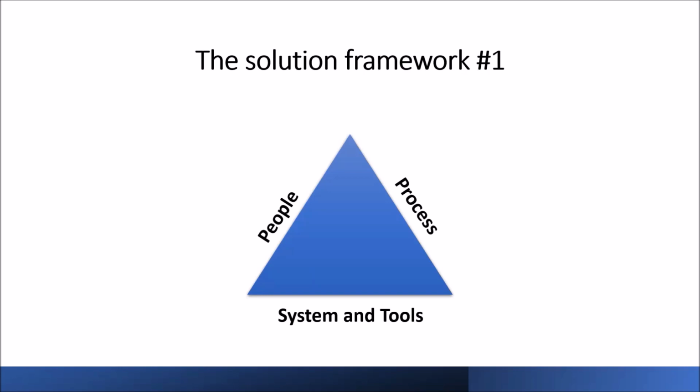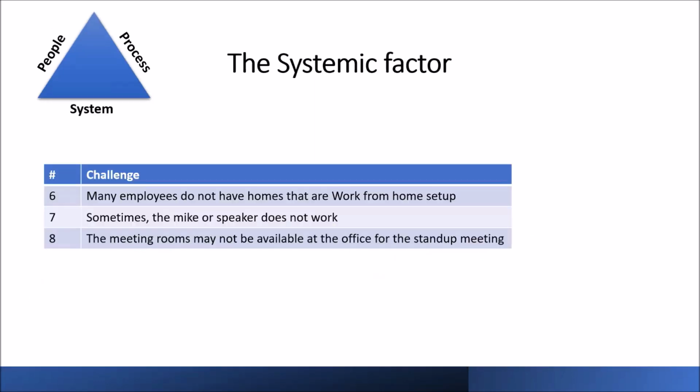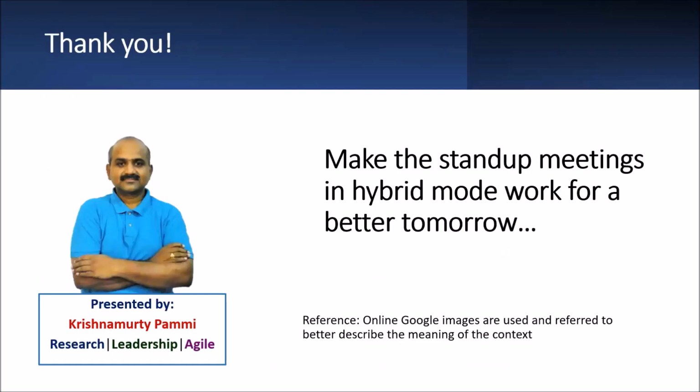And believe me, my friends, in this situation the hybrid stand-up meetings need to work effectively. They need to provide the desired outcome, and then only can we make the progress proper, and sprints proper, and releases proper. This is how we can meet our daily goals, sprint goals, release goals, and overall the product goals.